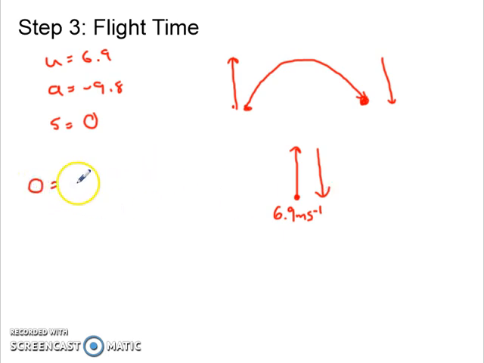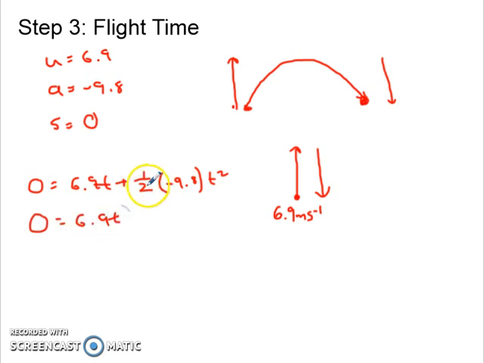S equals UT, so 6.9 T, okay, plus half times acceleration, which is negative 9.8, times T squared, right? And we're just going to substitute values, so we're going to work things out. Half of negative 9.8 is negative 4.9 T squared, and we're going to use our knowledge of rearranging equations.